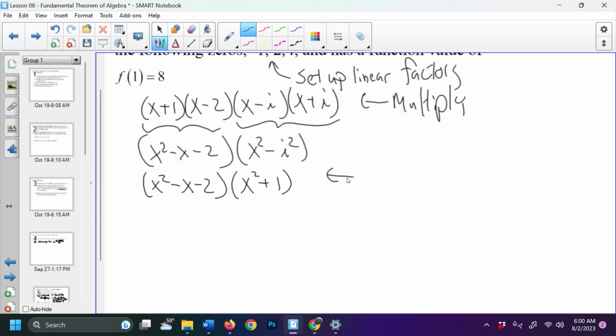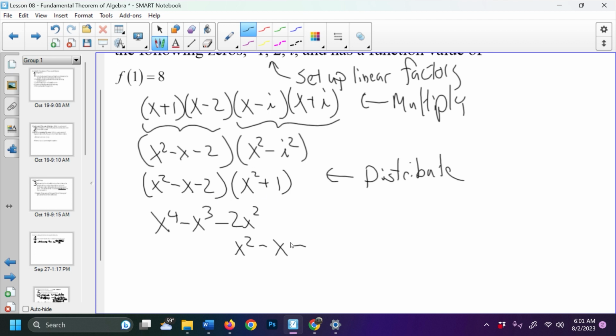And here we will distribute again. And go x squared times x squared is x to the 4th. x times x squared is negative x to the 3rd. And then negative 2 times x squared is negative 2x squared. 1 times x squared is x squared. 1 times negative x is negative x.